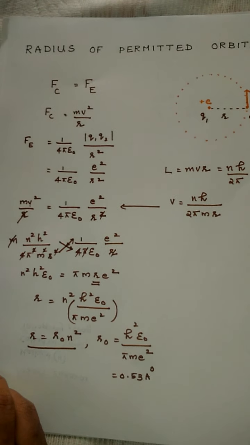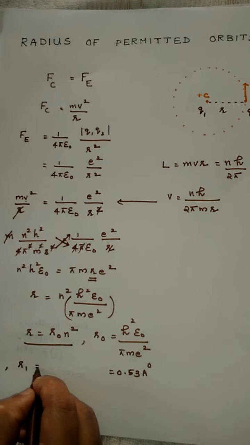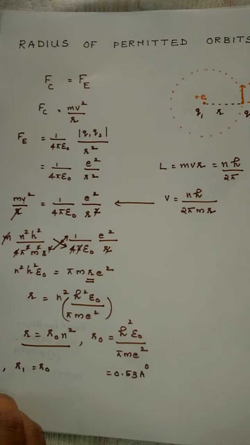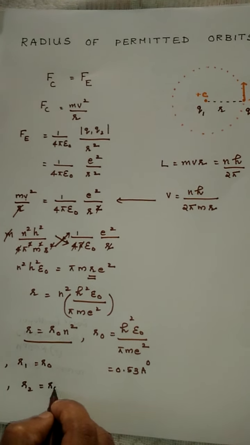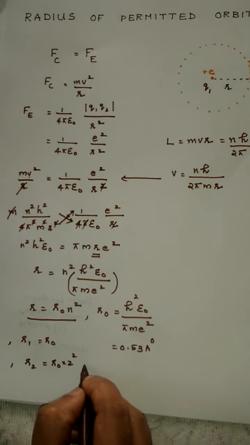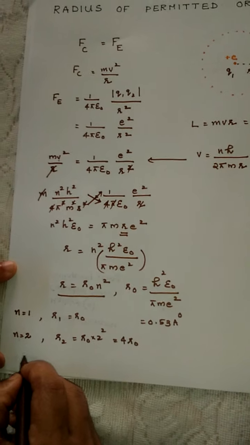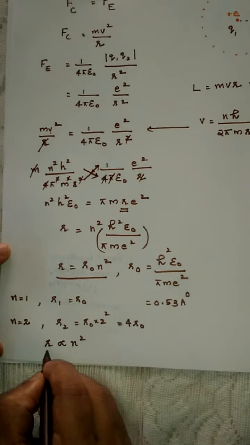So for the first orbit, n equals 1, so R1 is equal to R0. For the second orbit, n equals 2, R2 is equal to R0 into 2 square, that is 4R0. So we can say radius is directly proportional to n square.